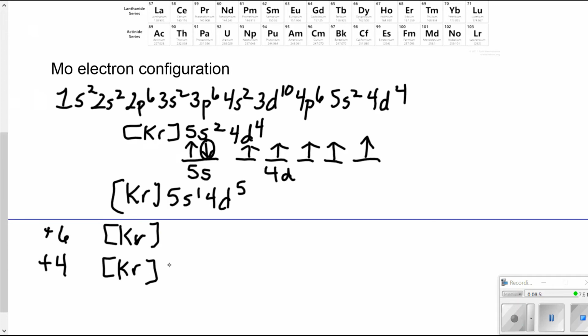And so when that happens, we're going to end up with 4d2. And another one is +2. And so what happens there is it, again, will lose the ones from the s first. And so we end up with 4d4. Well, in both of those situations, notice that they don't have 10 electrons, which is a complete d, that would make it a transition element.